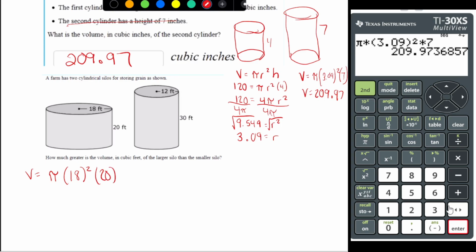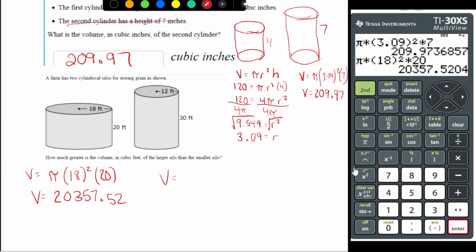Pi, radius squared, height. Pi times 18 squared times 20, which is the height, gives you, holy crap, 20,357.52.